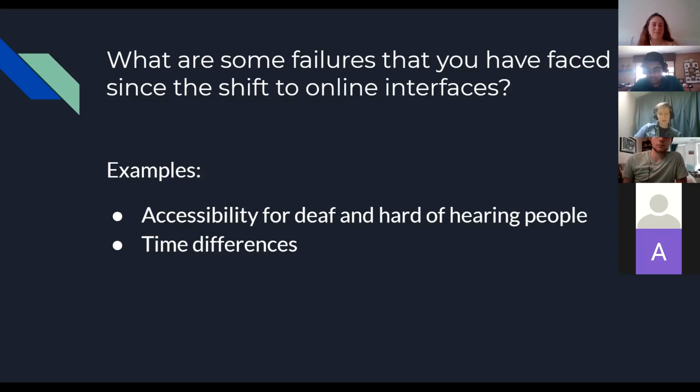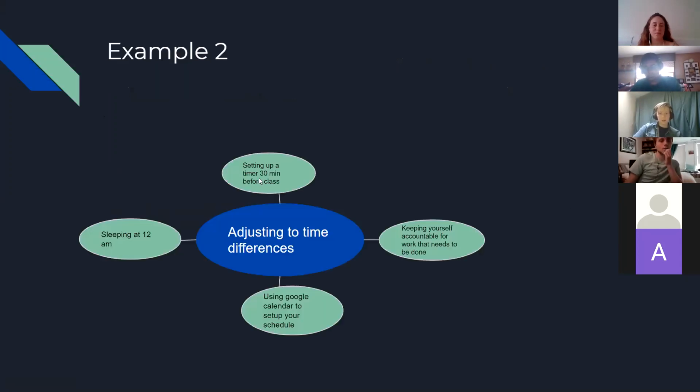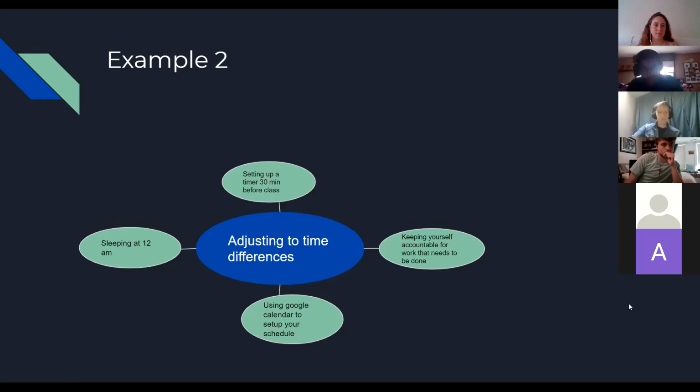Okay, so the next part of our activity, I'm going to let Alicia do example 2 first, because this was her idea, and I'll let her explain what's going on here. So basically, from another class, Dewey's class, he made us do mind maps. The center circle will be the problem or the failure that you had, and branching off of it you can come up with multiple solutions and then do a trial and error thing.